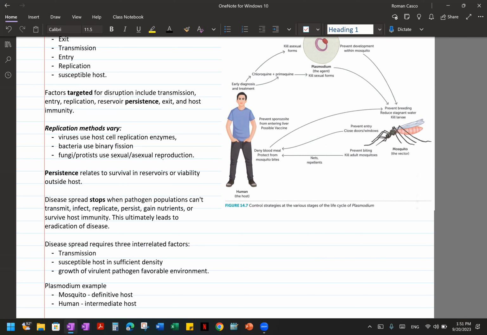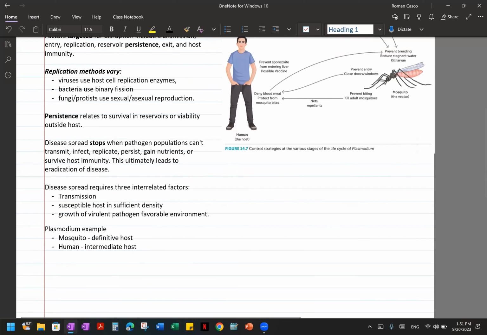That's a key word for you to use to be more technical: disruption of the pathogen life cycle. It could be any of these: transmission, the entry point, replication, its persistence or ability to thrive in the reservoir host, how it exits that host and goes into the other organism, and so forth.